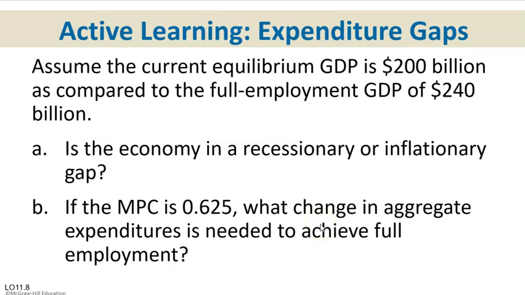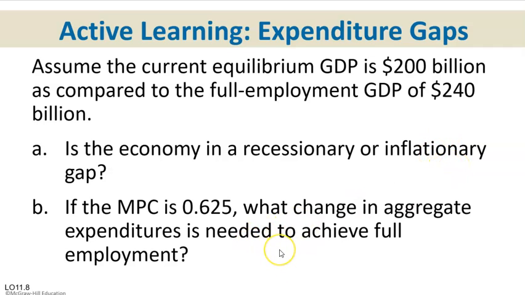Here's a simple example for you to try. It says the current equilibrium GDP is 200 billion and the full employment GDP is 240 billion. So you're going to decide, is the economy in a recessionary or an inflationary gap?